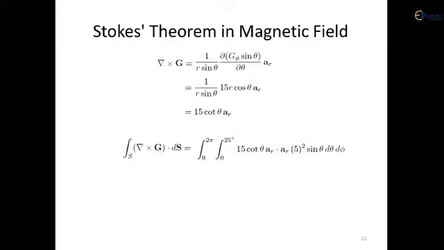The first is phi, from 0 to 2 pi integral, and the second integral is for the theta dimension, 0 to 25 degrees. Here we put the curl that we found in the above step, 15 cot theta a r. This has to be dot multiplied with the differential surface as defined, r squared sin theta d theta d phi into a r as the unit vector direction, perpendicular to the differential surface.